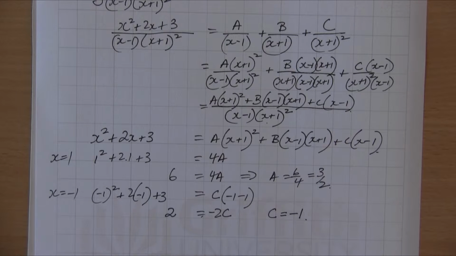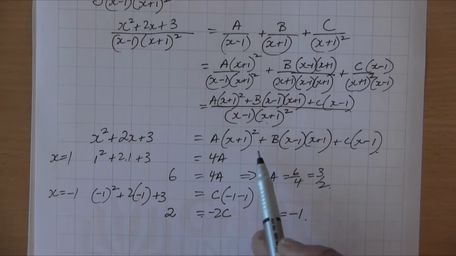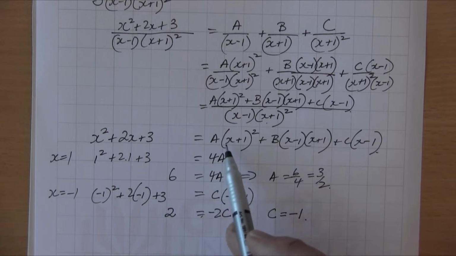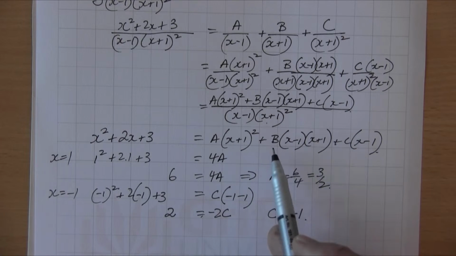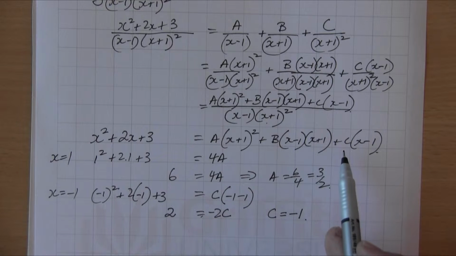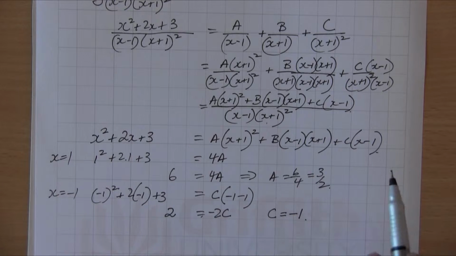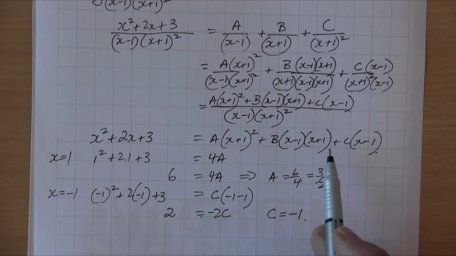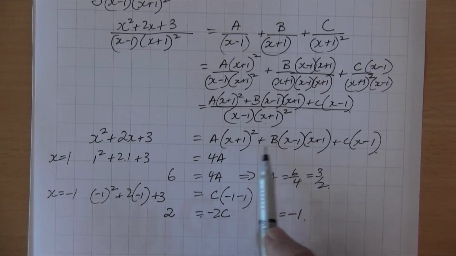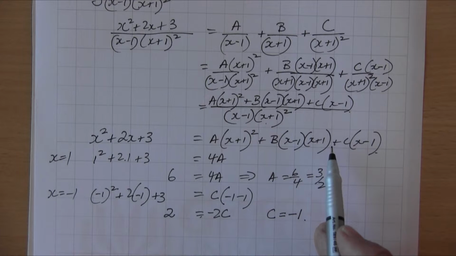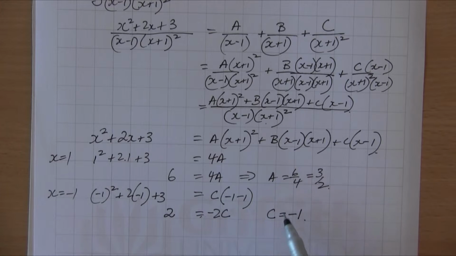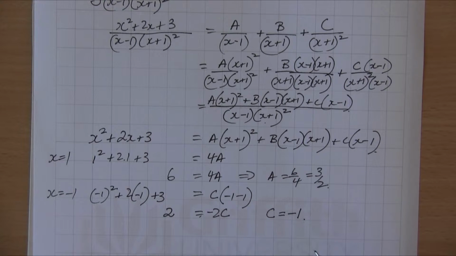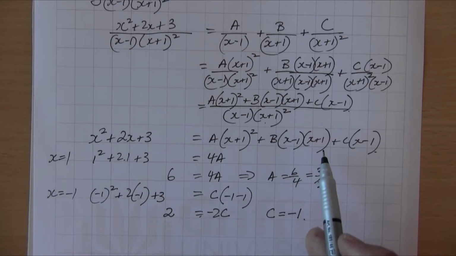To get B, there's no other substitution that springs to mind that's going to make both A and C equal to 0, because you've got x plus 1 there, you've got x minus 1 there, and we want to be left with B. No can do. So the technique is basically just to let x be any value, and then we'll be able to do a substitution for A and C and hopefully come up with a value for B. And pick something that's easy.